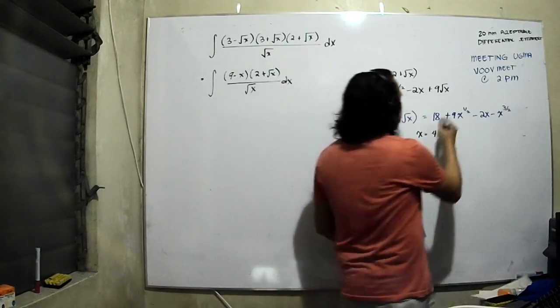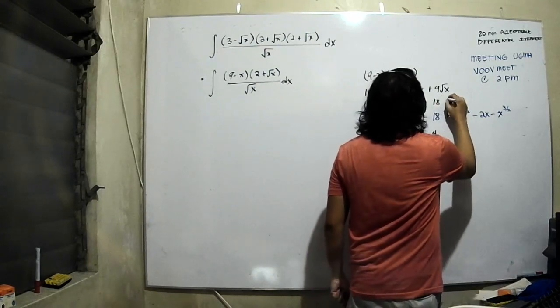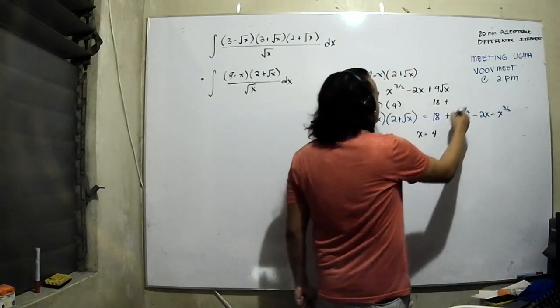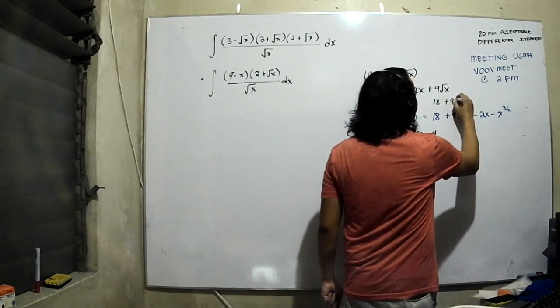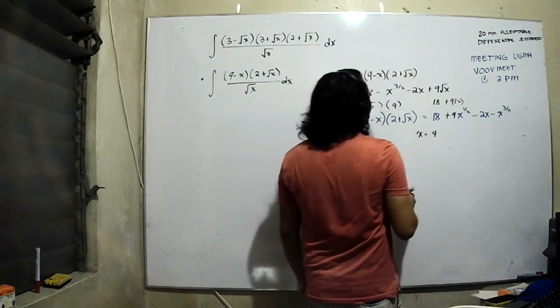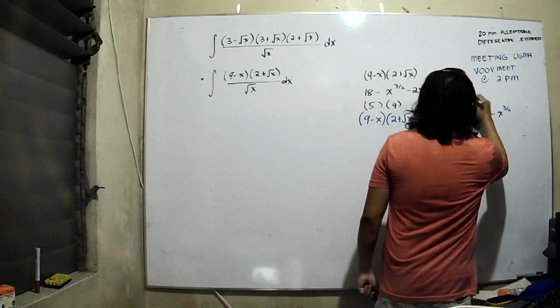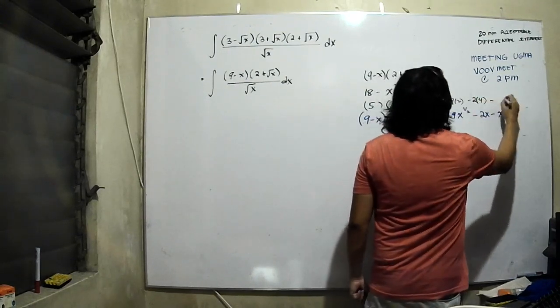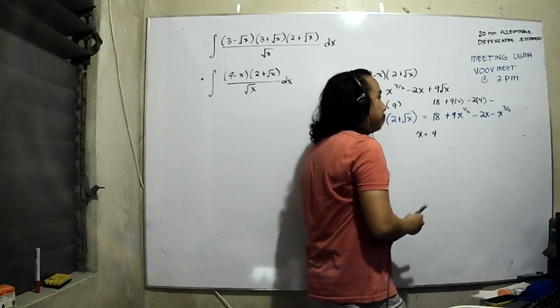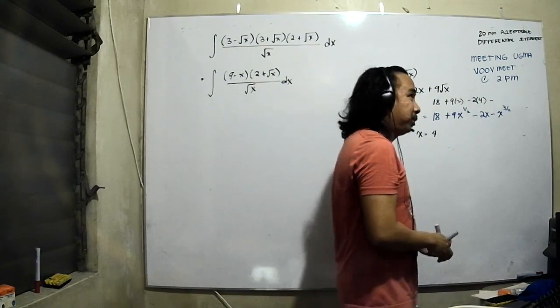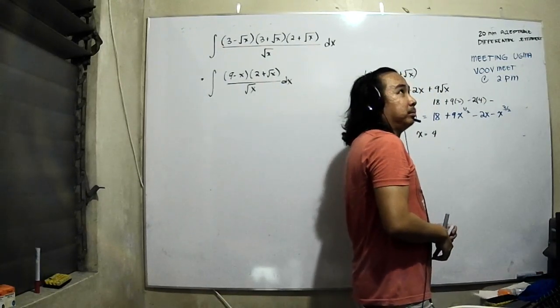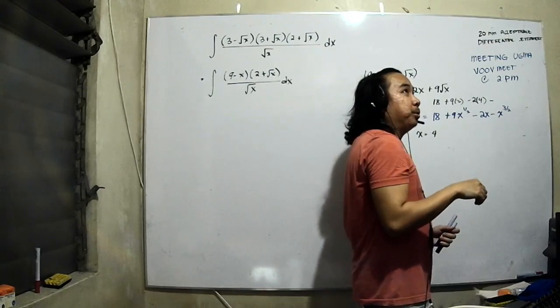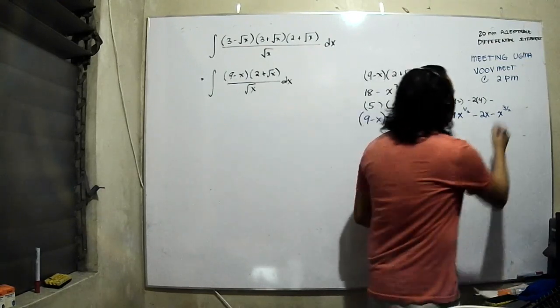So in this case, this is 18 plus 9 times the square root of 4, which is 9 times 2, minus 2 times 4, minus 4 to the power of 3 halves. So that should be equal to minus 8 perhaps.